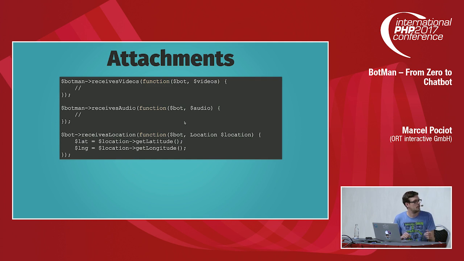And also, this depends on the service and what functions are available in your services. You can use it for videos as well, audio, or location. Facebook and Telegram, for example, have the ability that your user can send a location, and then you get a location object to get the latitude and the longitude.